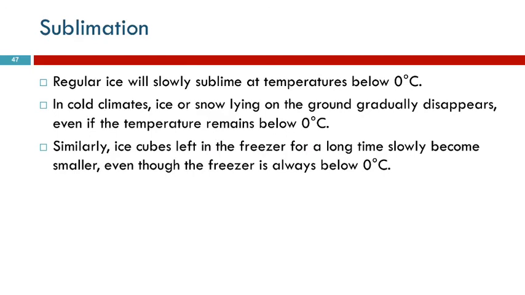This can happen in the freezer too. You're cleaning out the freezer and you find some ice cubes in the trays way in the back, and they're all small and nasty looking. How do ice cubes shrink in the freezer? They sublime. The water molecules on the surface of the ice cube have an average kinetic energy, which is very low in the freezer.